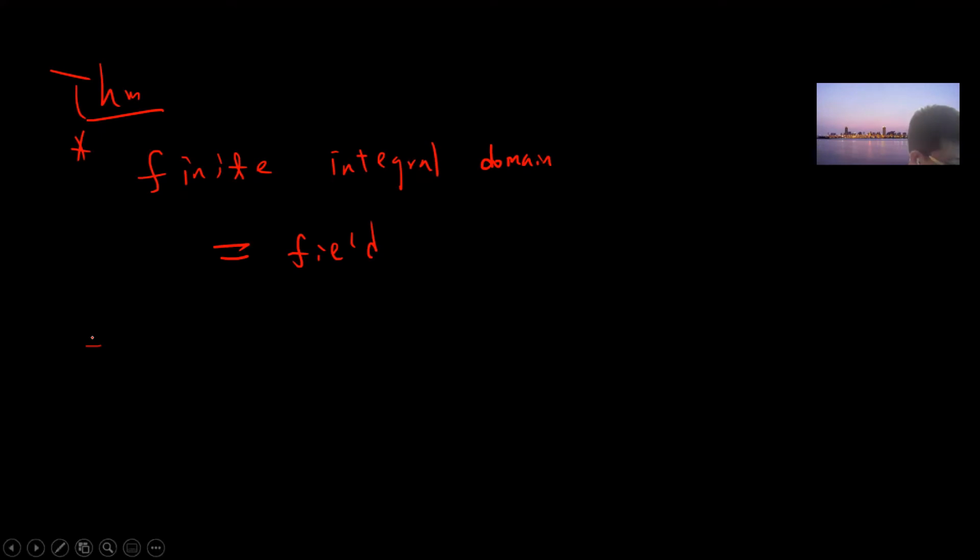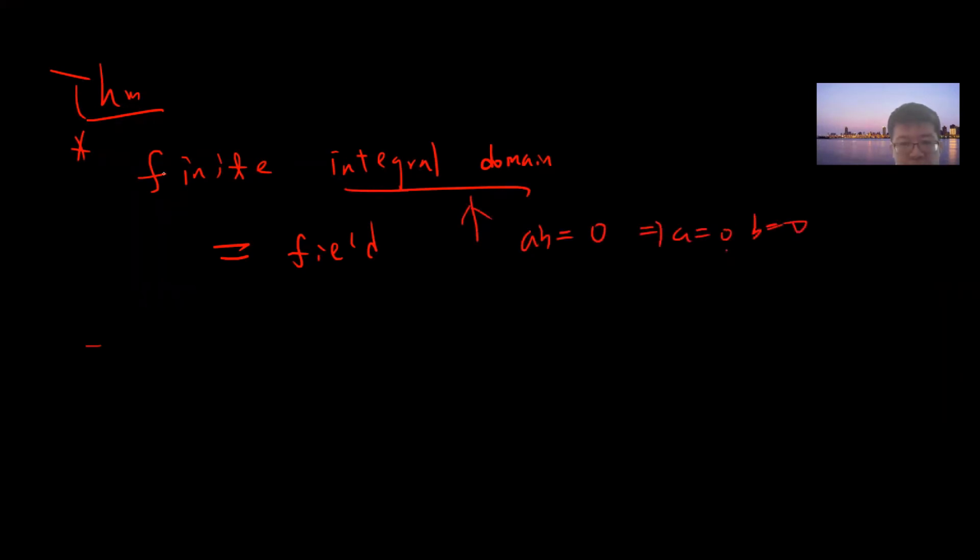Okay, so let's see a proof. We know that in an integral domain, ab equals 0 implies a equals 0 or b equals 0, and we need to use the finite property. By the way, when we define an integral domain, we already assume that it must be commutative.